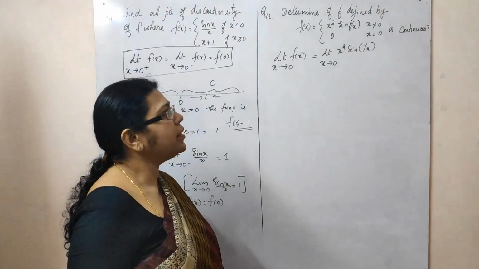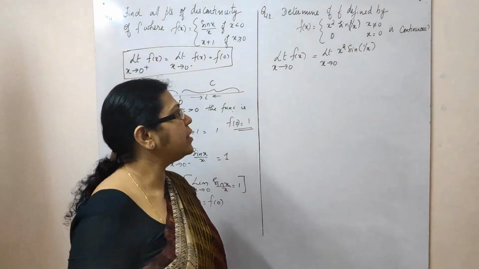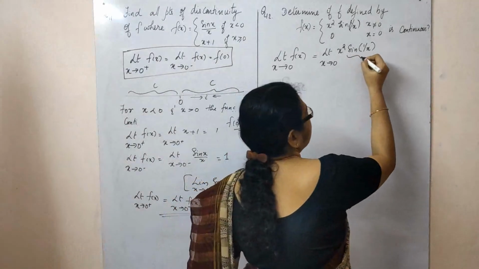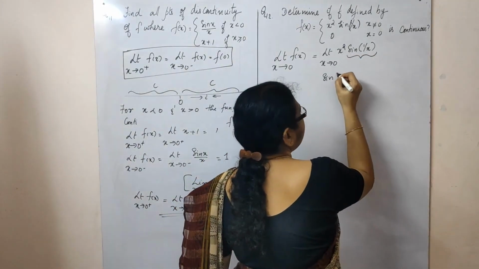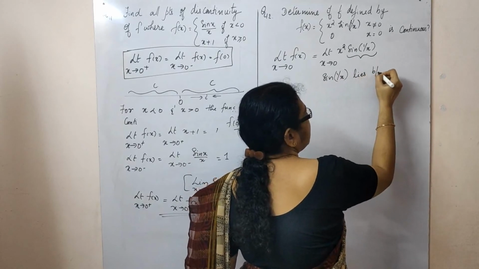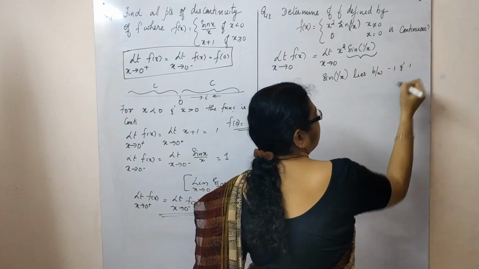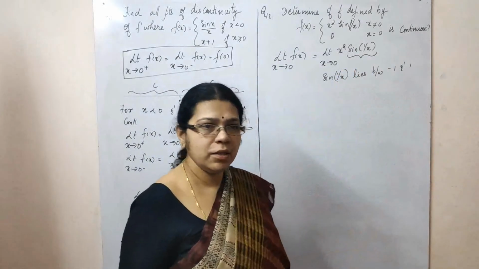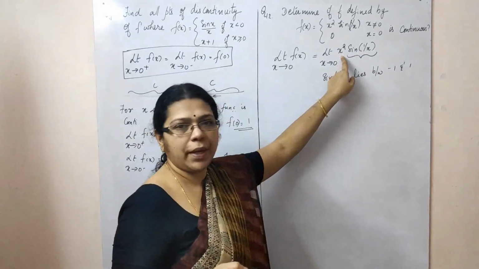Now x square sine 1 by x. What does this mean? See the sine value, sine 1 by x lies between where and where? Lies between minus 1 and 1. Isn't it? Sine value lies between minus 1 and 1. Now you have an x square.